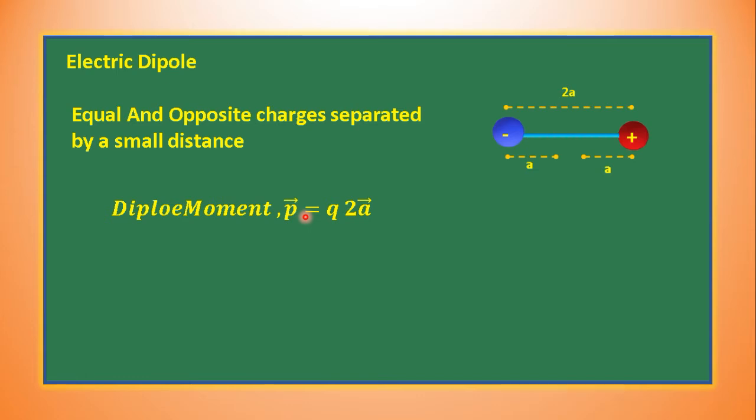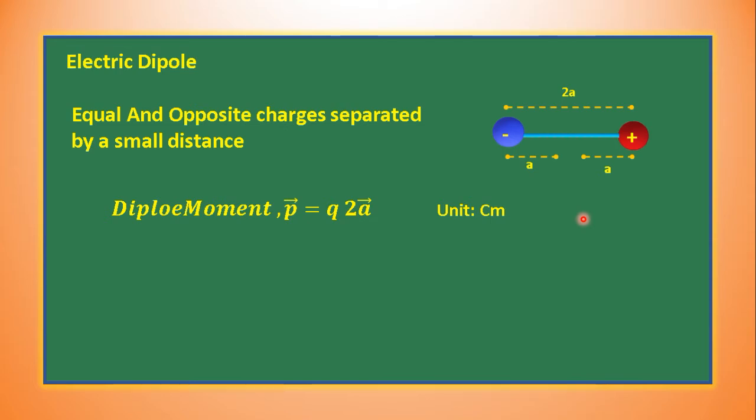So we can write p equal to q into 2a. And I told you 2a is measured from negative to positive and is a vector. So q is a scalar and 2a is a vector, and a scalar into a vector is definitely a vector. So the dipole moment is a vector. What about the unit? q is measured in coulomb and 2a is measured in meter. So the unit is coulomb meter.